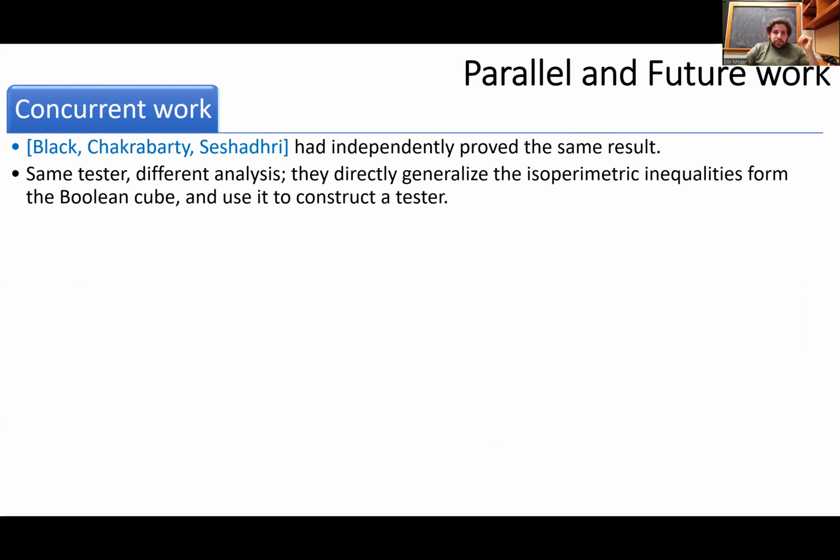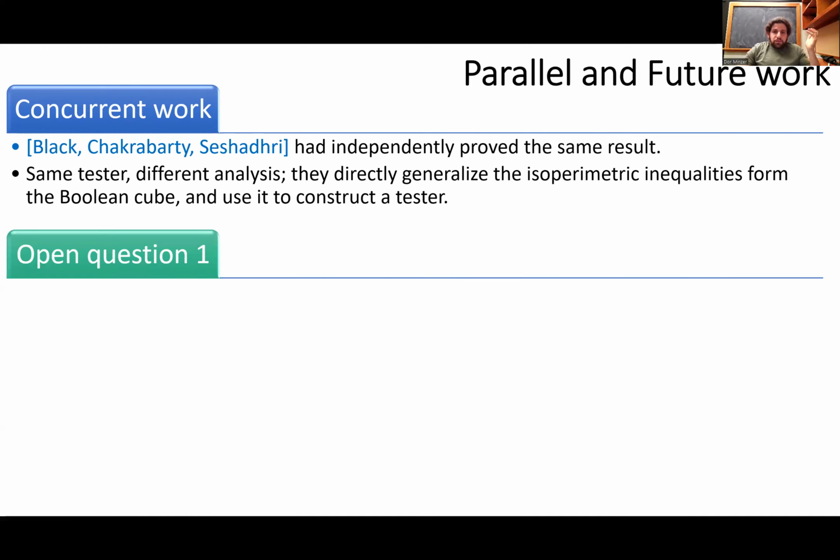They follow the same framework as in the hypercube, except that in their work they managed to directly generalize the Talagrand-style isoperimetric inequalities for the cube, and then use it to construct the tester. But this takes some serious effort, and indeed they do some non-trivial work. So it seems that these two works finish off the monotonicity testing problem over the hypergrid.